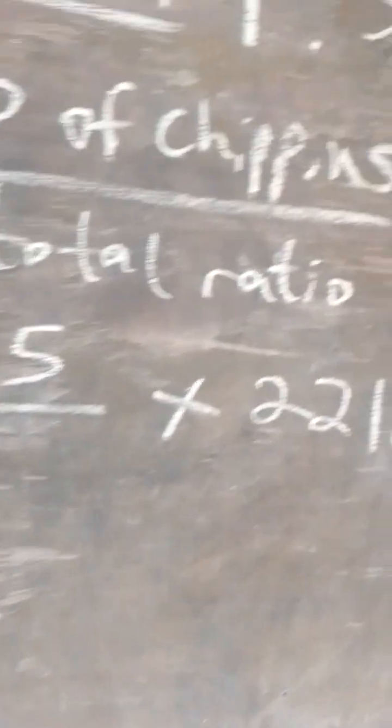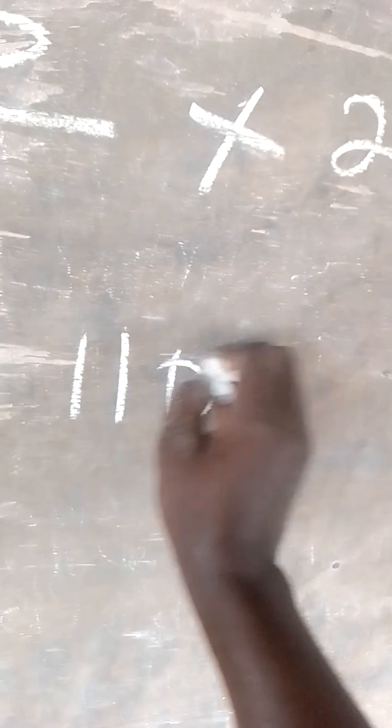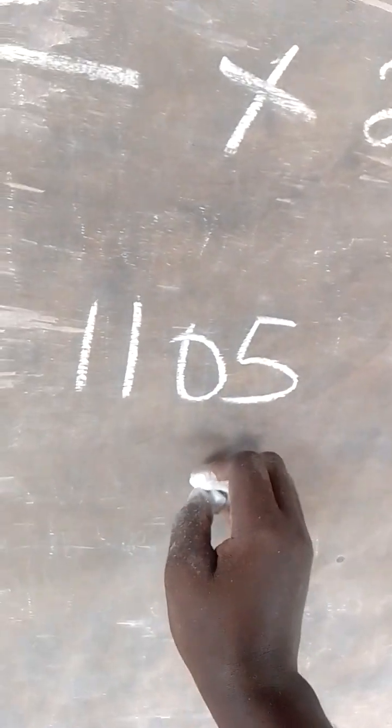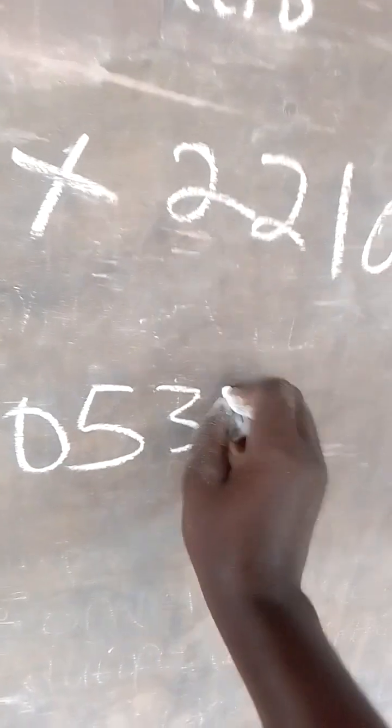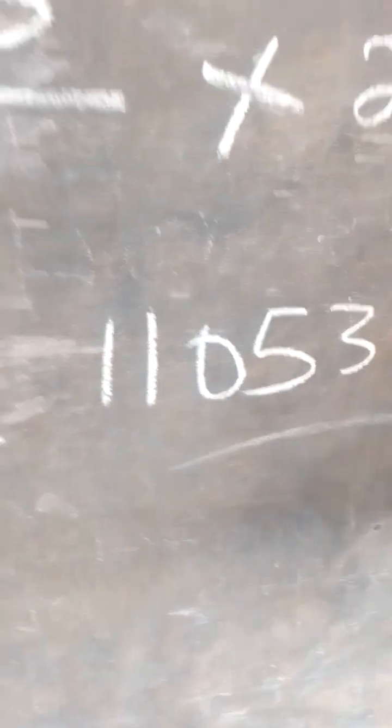Now, the total we got is 110,533.5 kg. This is the total kg of chippings we need.